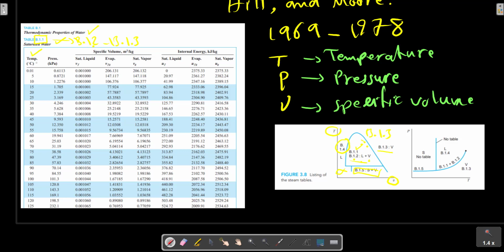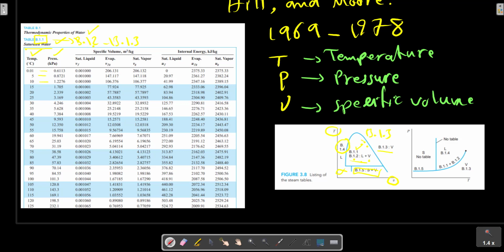The next column gives the corresponding saturated pressure in kilopascals. This is for saturated water, with values of pressure and temperature. At the saturated water point we have equilibrium between water and vapor.